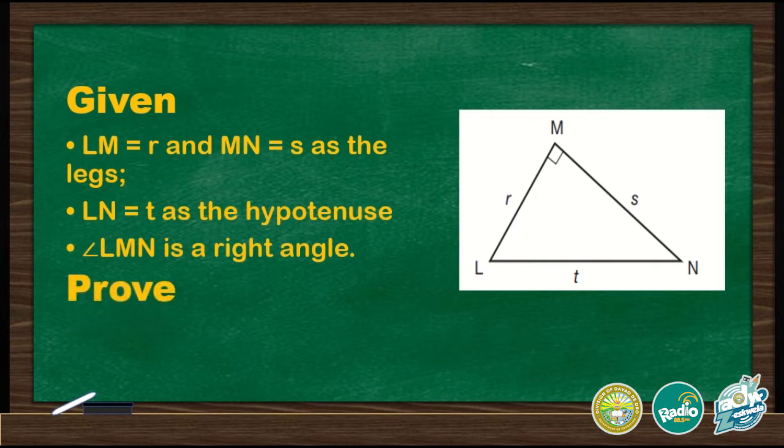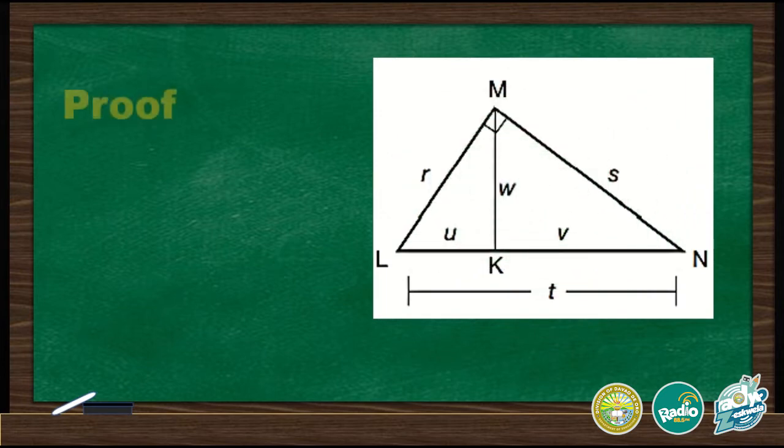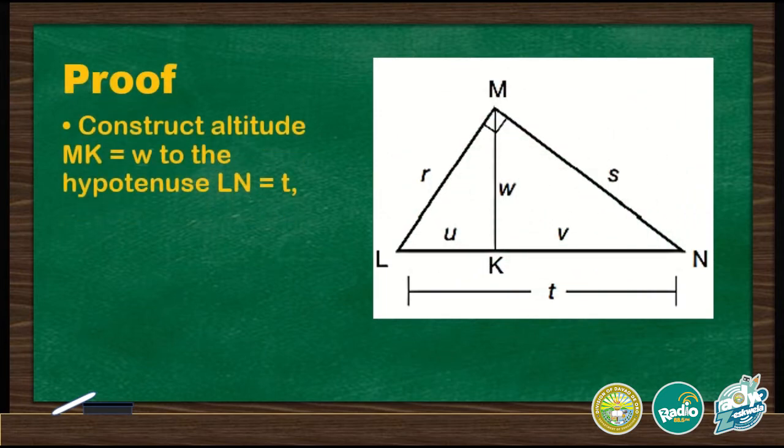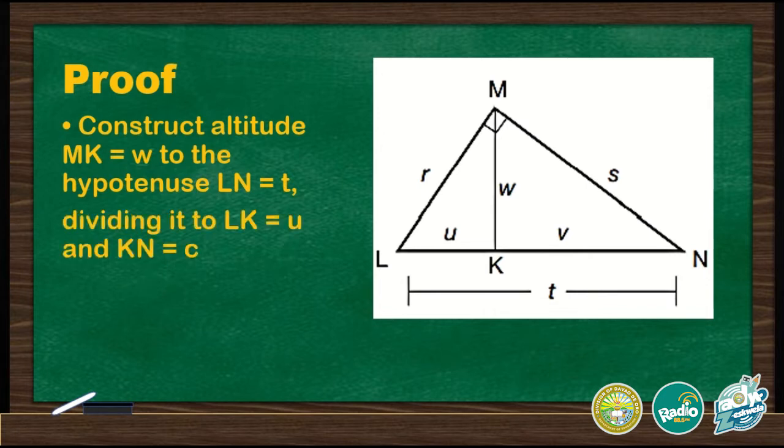We will prove that R squared plus S squared equals T squared. And as additional information, we will construct altitude MK as W to the hypotenuse LN, dividing it into LK, which is equal to U, and KN, which is equal to V.